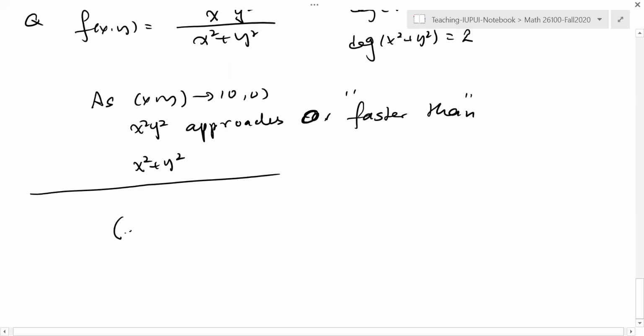We have (a plus b) squared equals a squared plus b squared plus 2ab, right?